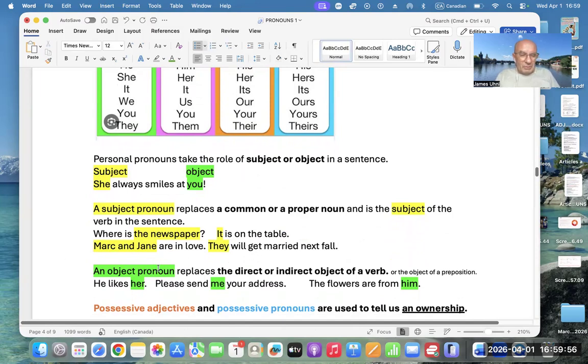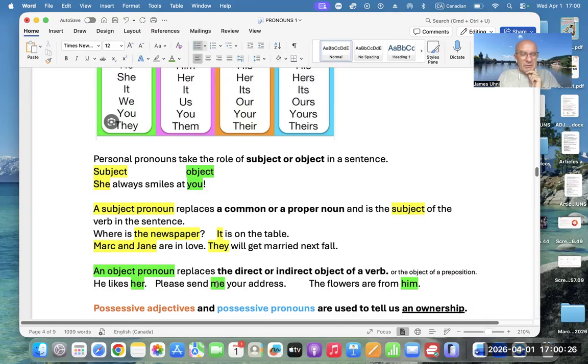An object pronoun replaces the direct or indirect object of a verb. Wow, that's really interesting. An object pronoun replaces the object of a verb. He likes her. That is an object pronoun.